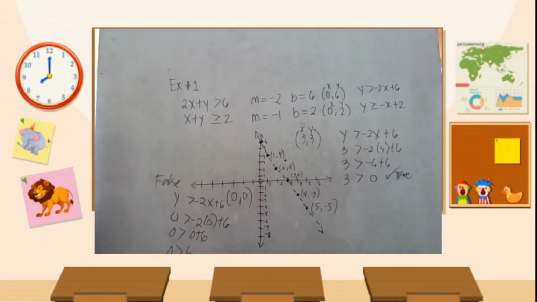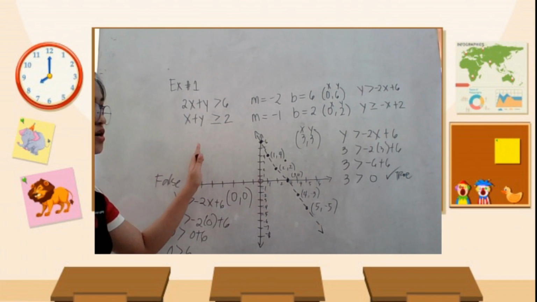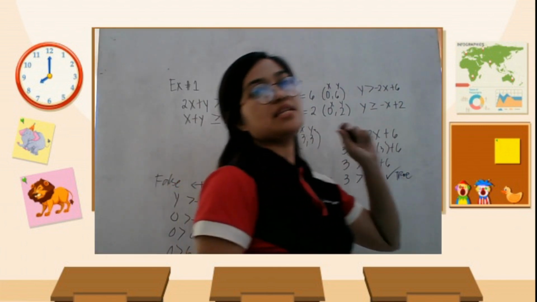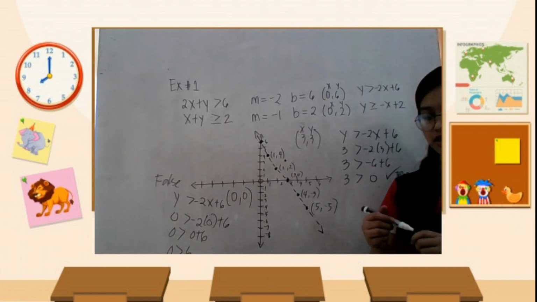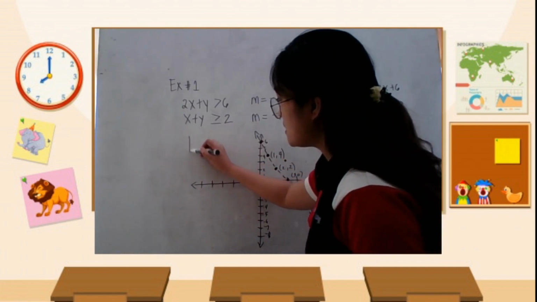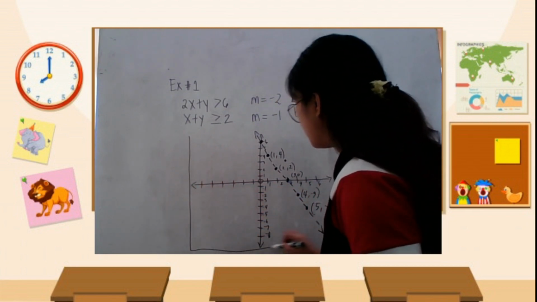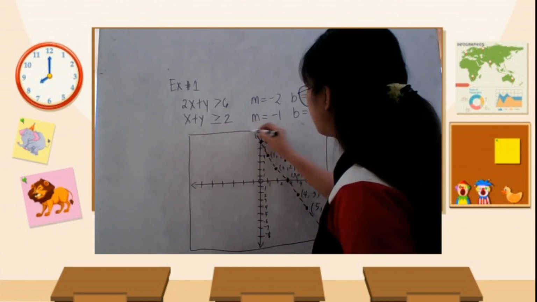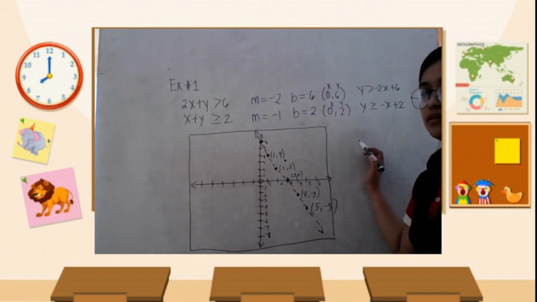Ibig sabihin, ang part na may kasamang origin or yung part na ito ay hindi natin isi-shade. So, ang part na i-shade natin ay ito, which is tama naman sa napili nating i-graph. I-graph natin ang part na ito. Maglagay muna tayo ng box para may boundary ang ating pag-graph. Then, graph natin.